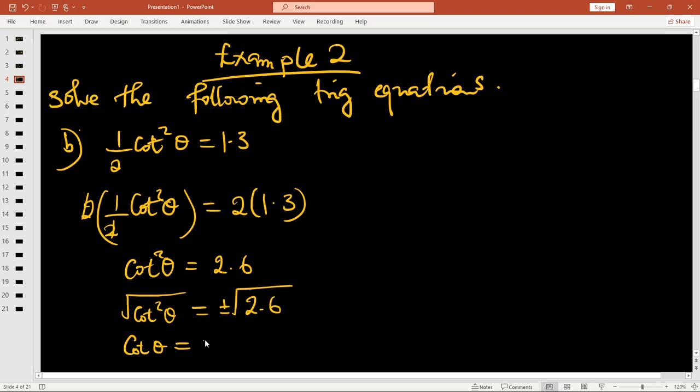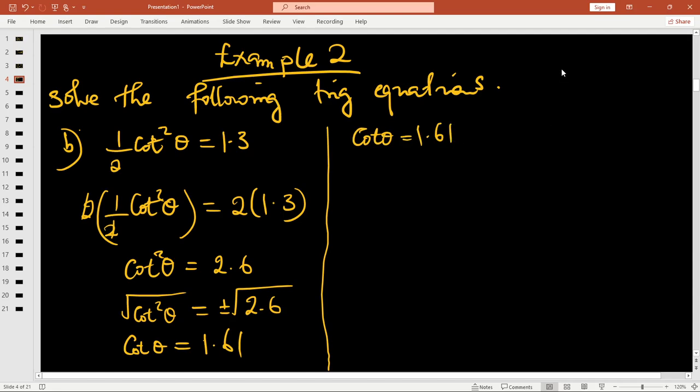So here we have our cot theta is equal to 1.61.